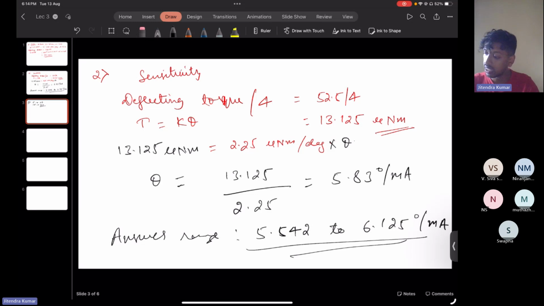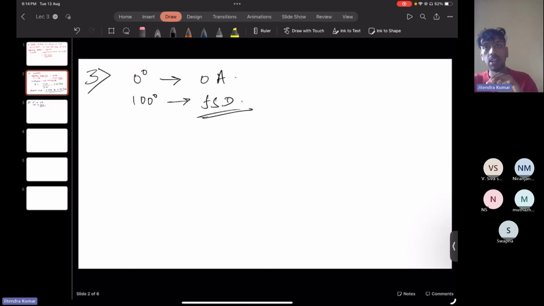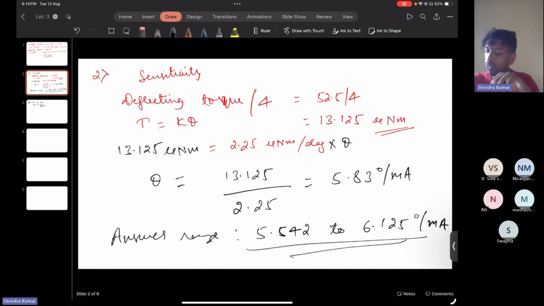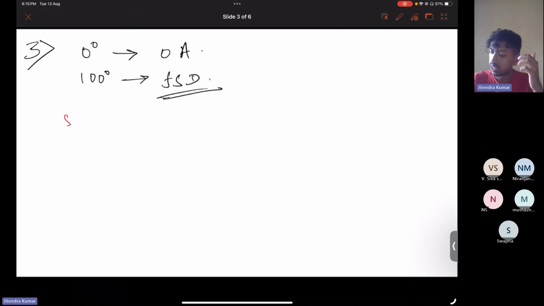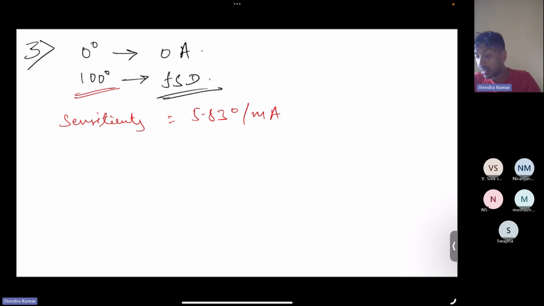So if sensitivity is provided in the question, or if you find any question not in a similar fashion, rather some sensitivity would be given, do not bother about that, and you can solve it. So sensitivity is 5.83 degree per milliampere, and we have to go till 100 degree for full scale deflection.